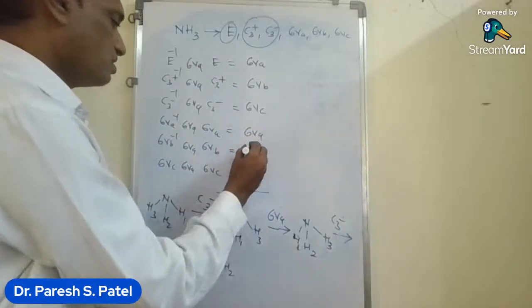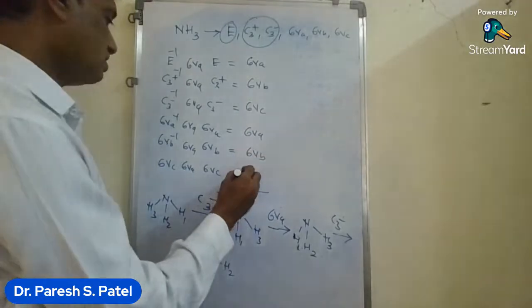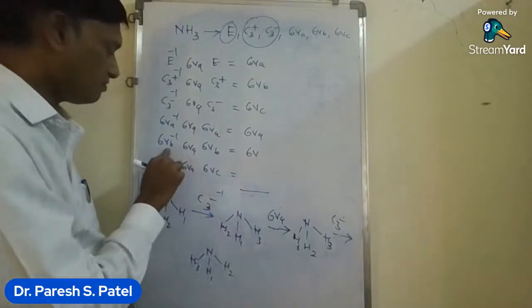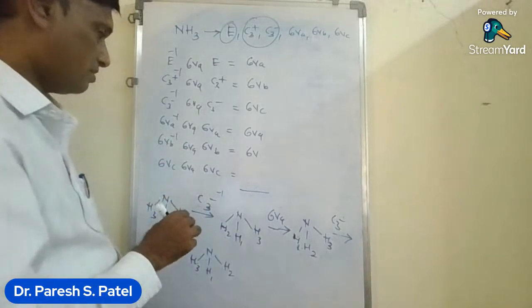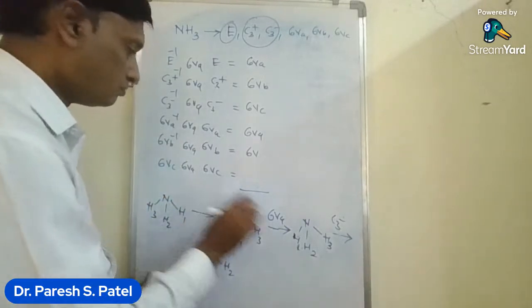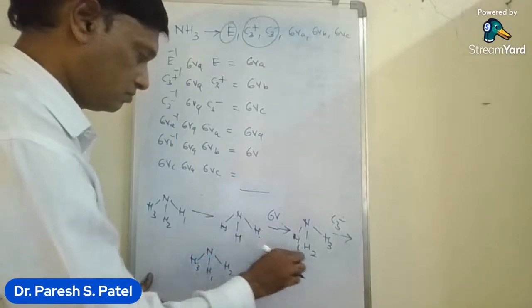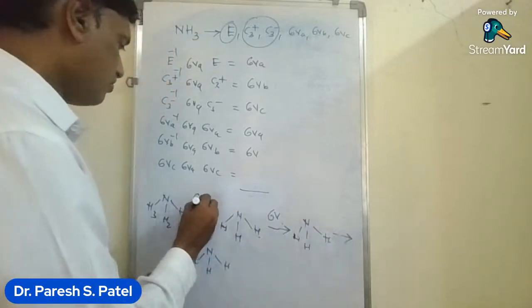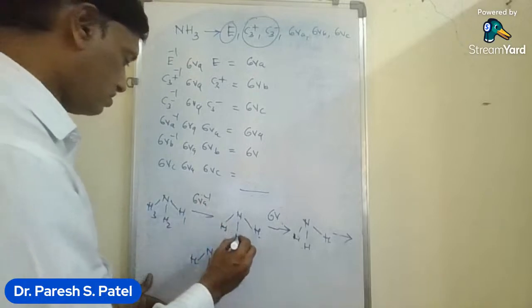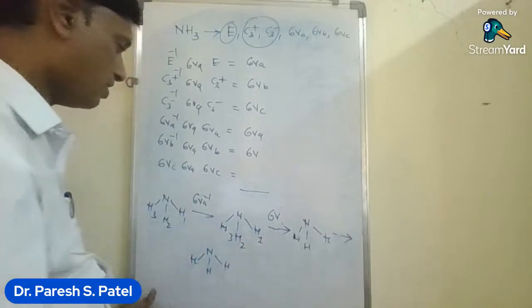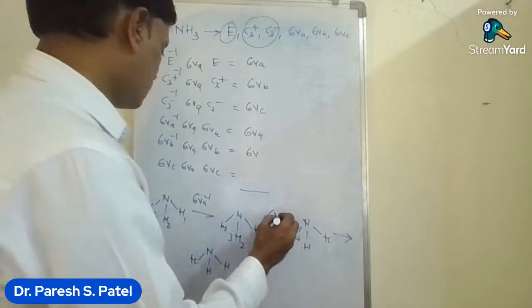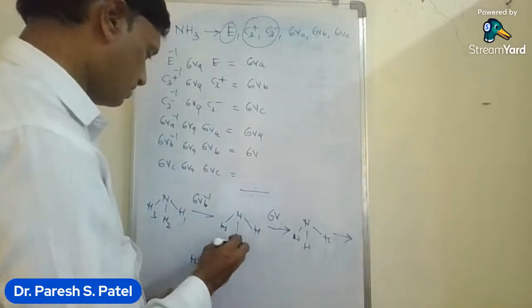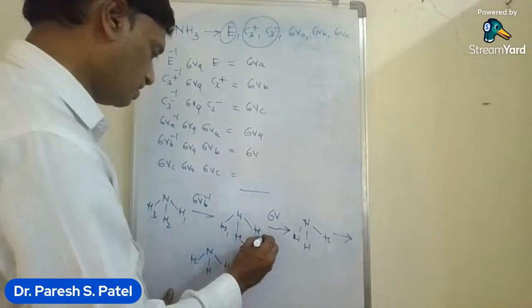Now what will happen with sigma vB inverse, sigma vA, sigma vA inverse? It means 2 and 3 are interchanged, and 1 remains as it is. Again sigma vB inverse means there is no change in the position of hydrogen 2, and 1 and 3 are interchanged.